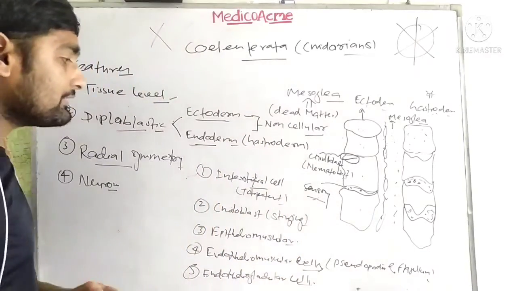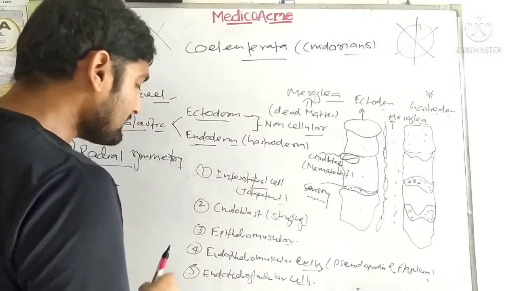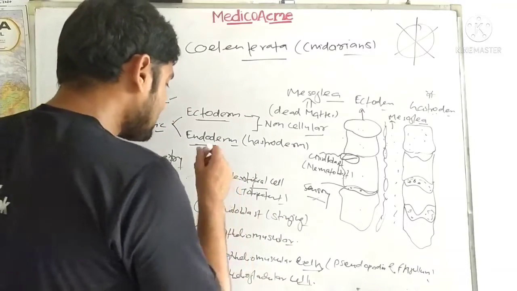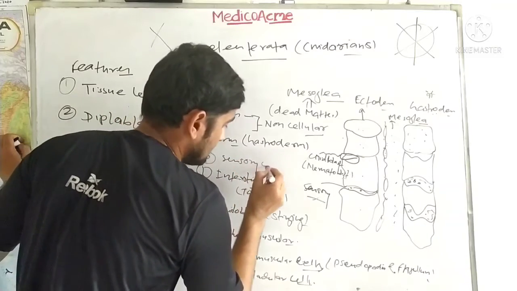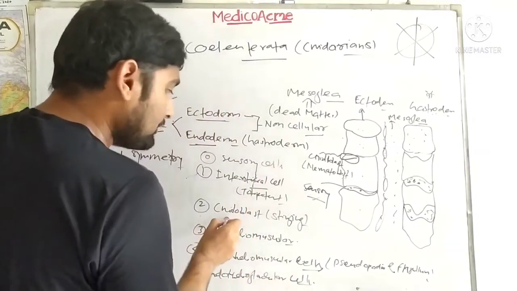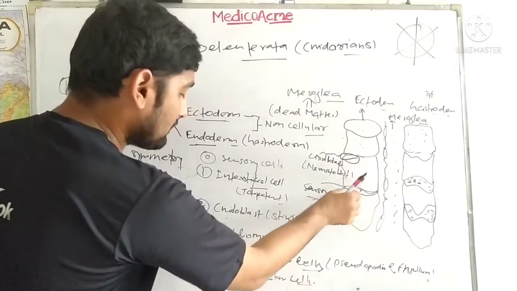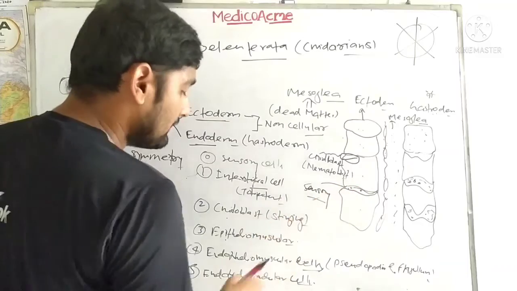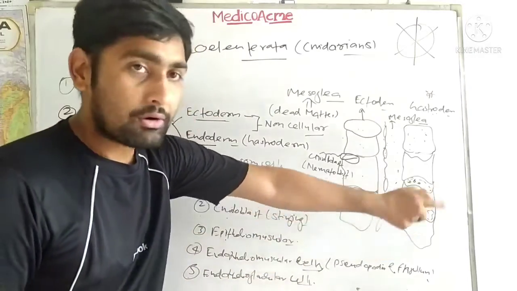The interstitial cell, which is totipotent; the cnidoblast is the stinging cell derived from the interstitial cells. Sensory cells, I forgot here, you can write sensory cell, very important. Then the cnidoblasts, the ectodermal layer contraction, the endothelial layer contraction.